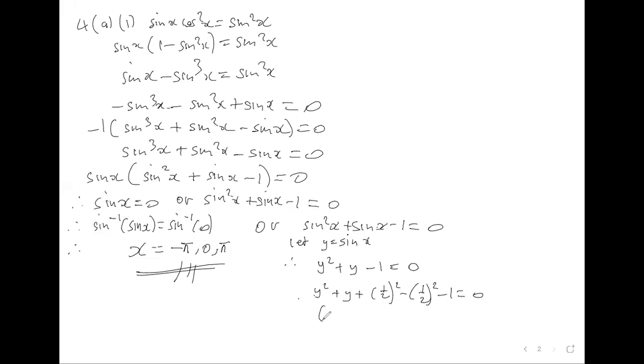So that we have y plus 1 over 2 squared equals 5 over 4. So y plus half inside the bracket to the power 2 equals 5 over 4.